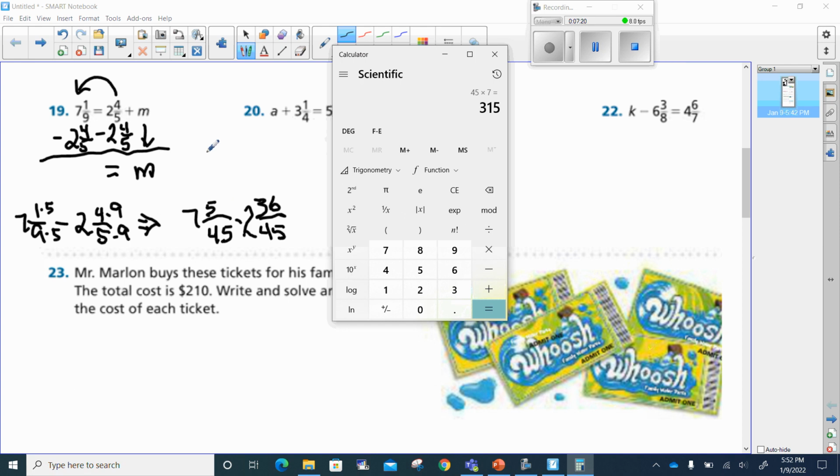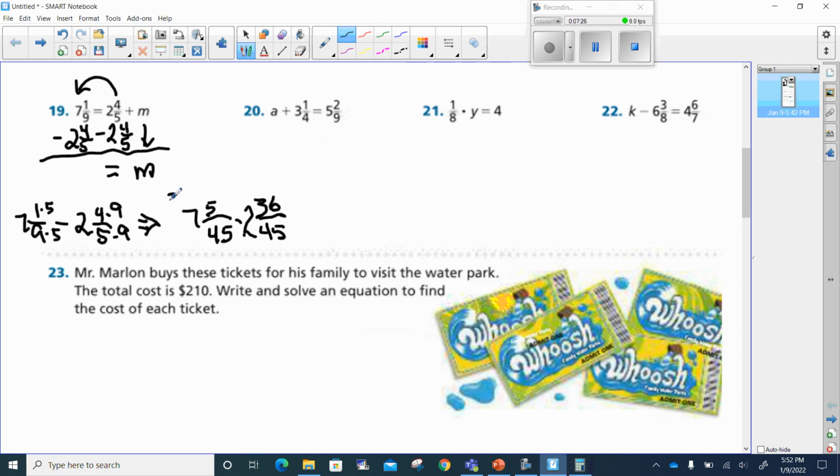And then we have to add 5 to that, and that's going to give us 320. So now this is going to become 320 over 45.